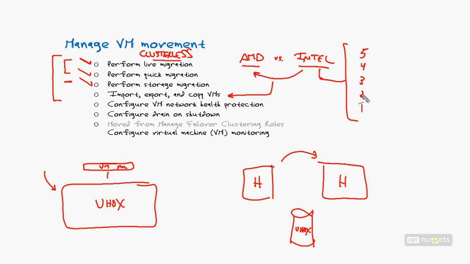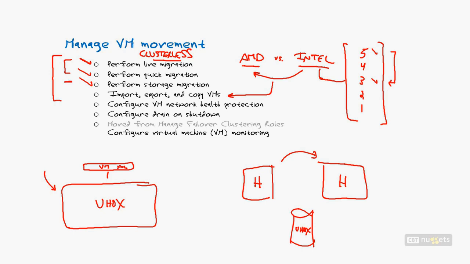Each of these processor generations is going to add additional functionalities, additional feature sets to the types of instructions that the processors actually support. Because of that, you sometimes also have problems with live migration when you're trying to go from one processor family to another processor family that's too far away from the original processor family.